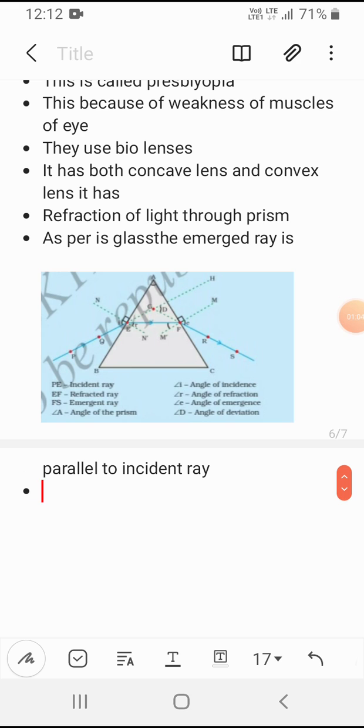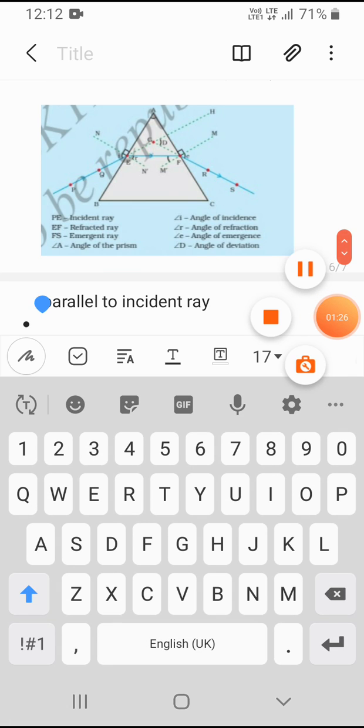So here the emerged ray is parallel to the incident ray. The emerged ray E is parallel to the incident ray D. See, it is parallel to D. Both are going this side and coming like that, so both are parallel.